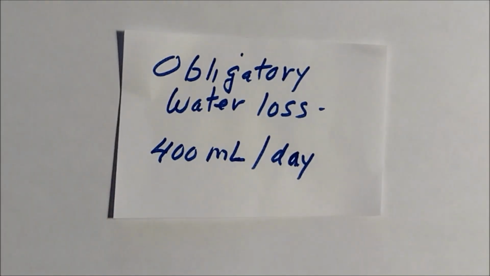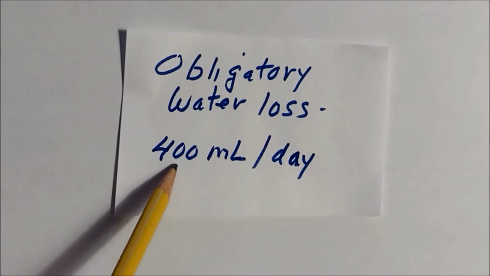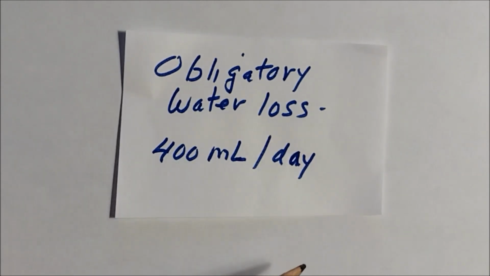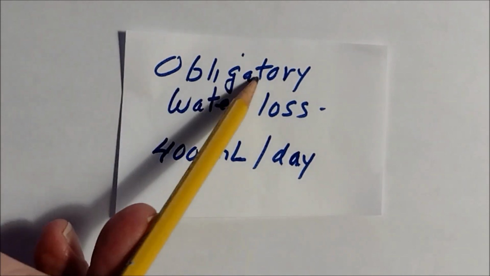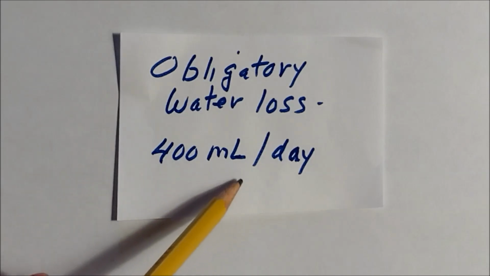Because the urine contains solids, all right, and those solids, you can't pee out solids, right? You got to mix those with water. And the minimum amount of water that the kidneys need to make in order to get rid of those solids is 400 ml.